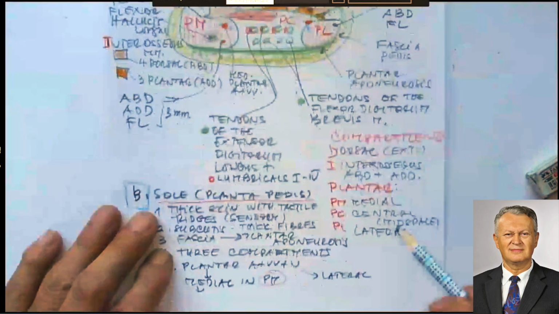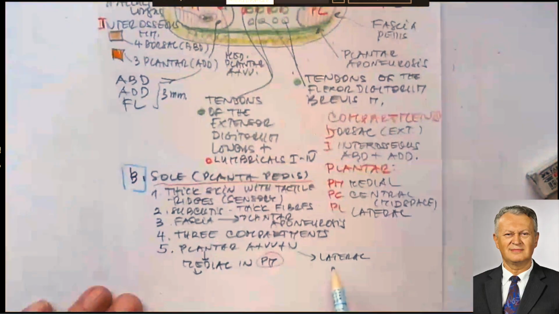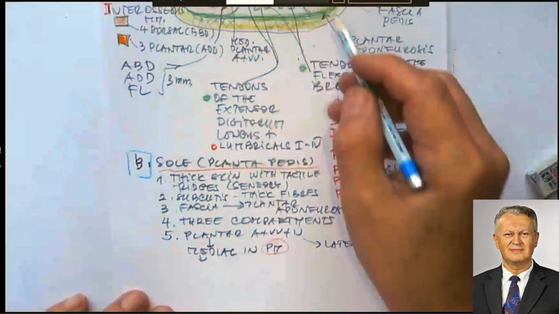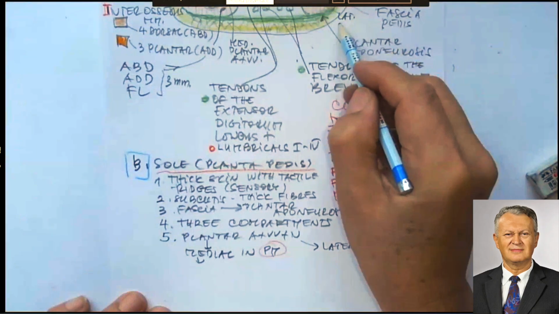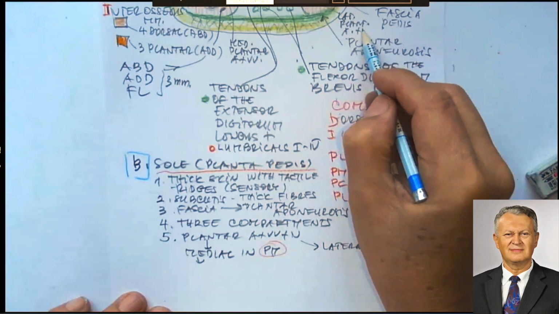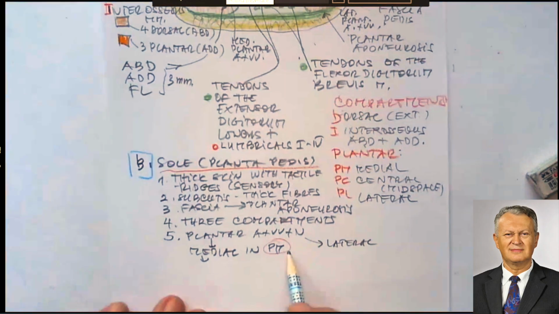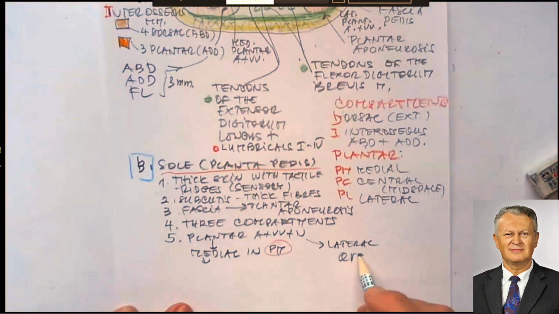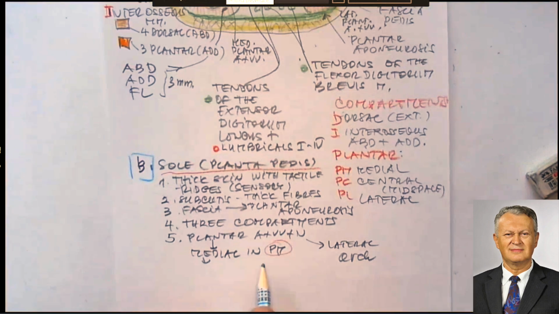Here is quadratus plantae. So lateral, without any comments because you see it. This is the lateral plantar artery plus veins. This artery forms an arch, a typical deep arch.